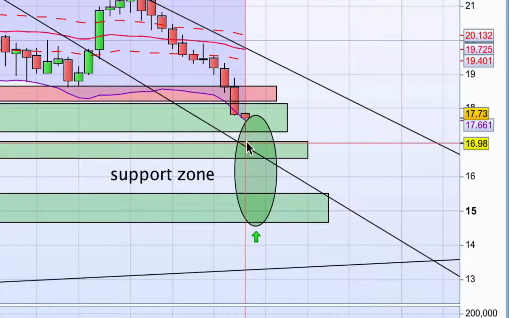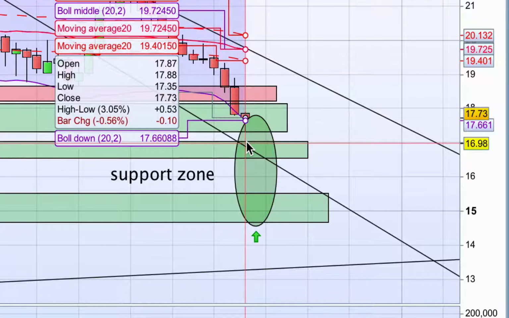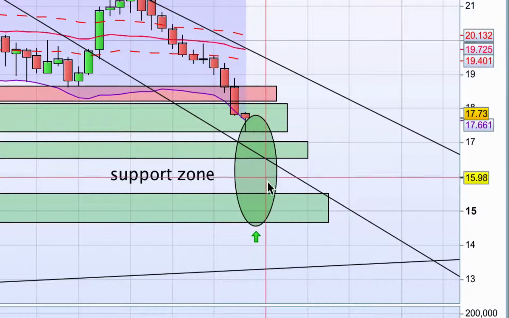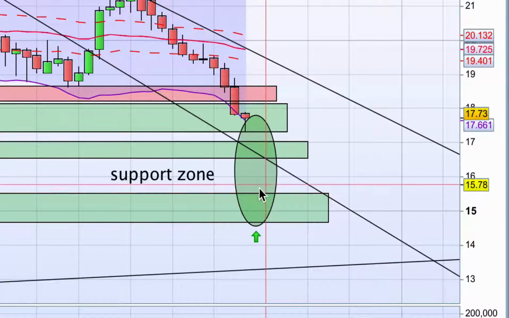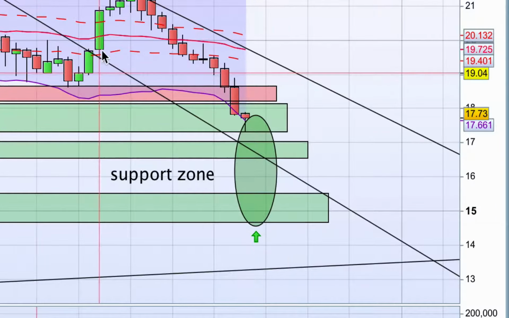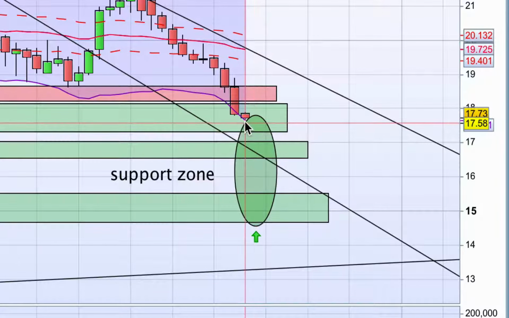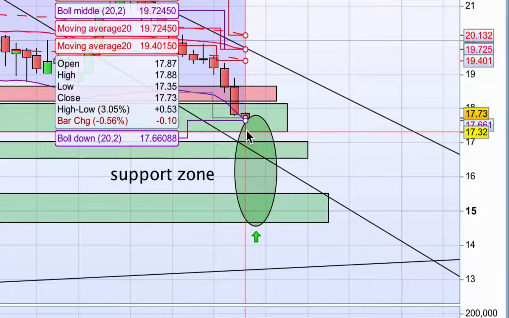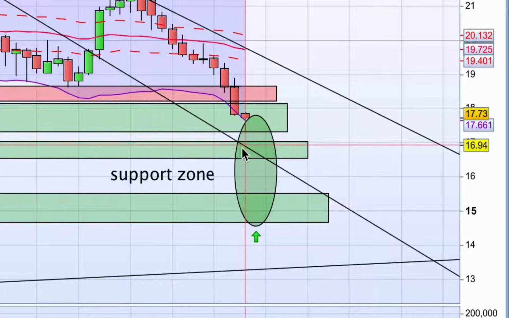Now, if you've already accumulated 8, 7, 10%, I wouldn't accumulate anymore. I would probably wait for a lower price, maybe $15, because if it takes off from here, you already own it anyway. But if you don't have 8 to 10% of your net worth and of your investment funds in here, then in this zone, this is where you definitely want to continue to accumulate.